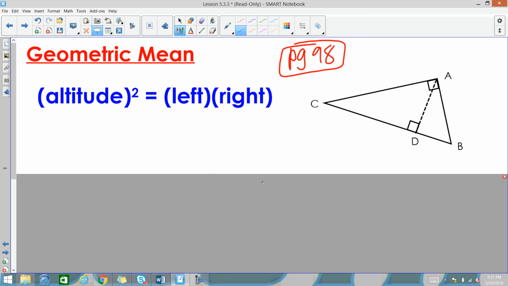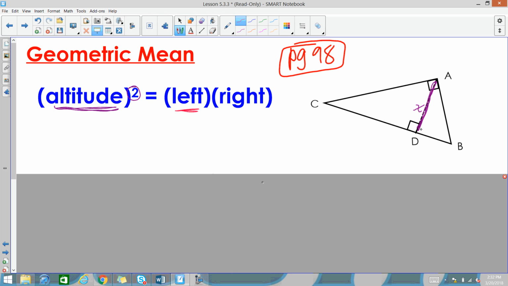Let me show you what this is going to look like. Altitude squared means that either you have the altitude or you have a variable that is your altitude. Remember yesterday we talked about the altitude being the length from the vertex of the right angle to your hypotenuse. So that's your altitude right there. It's altitude squared equals left times right.